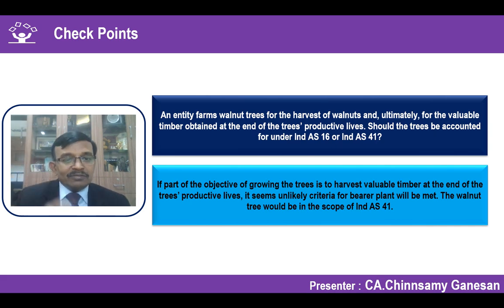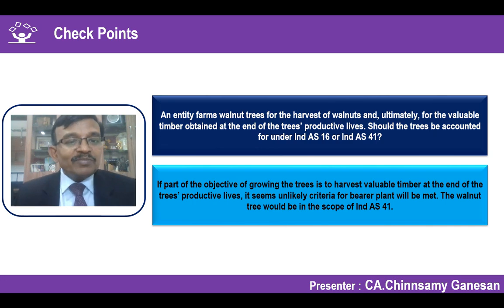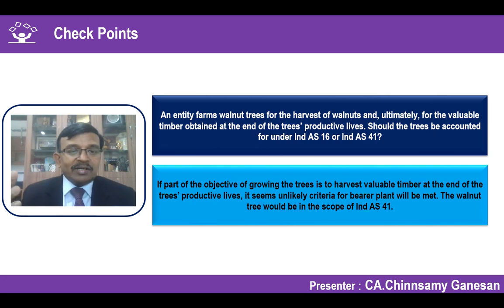Because it has a value as a timber. If you are talking about any other plant, it may not have a higher value. For example, coffee bushes may not have a resale value at the end of their economic life. They may simply be used as firewood in processing the coffee fruits to create the pulp.